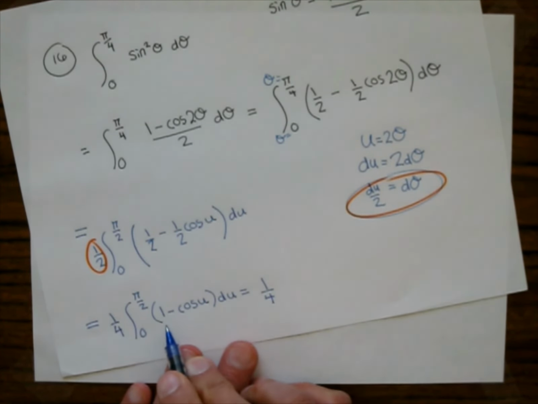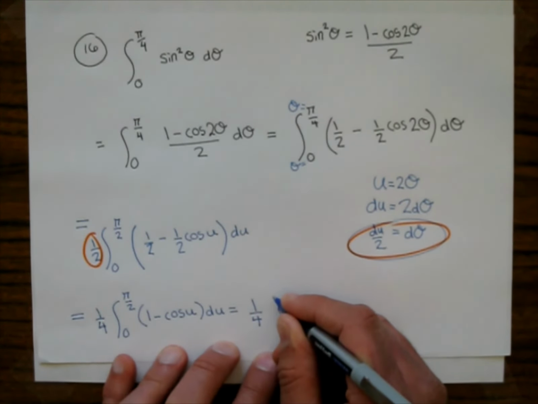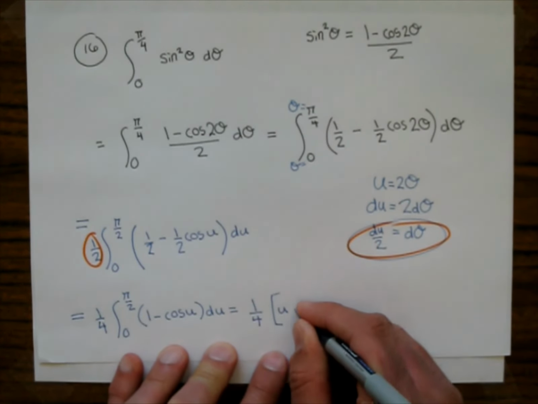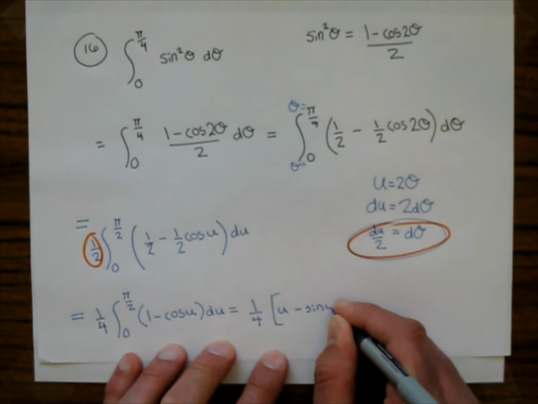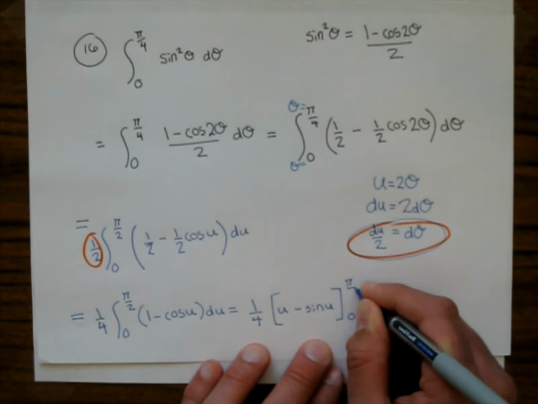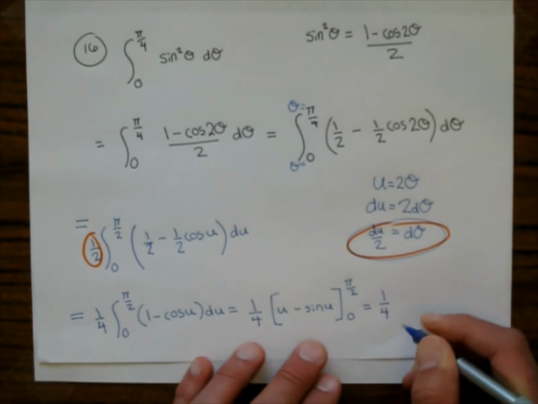So this is 1/4. And now the antiderivative of 1 is u, and the antiderivative of negative cosine u is negative sine u. This gets evaluated from 0 to pi halves. Okay, so I have 1/4.